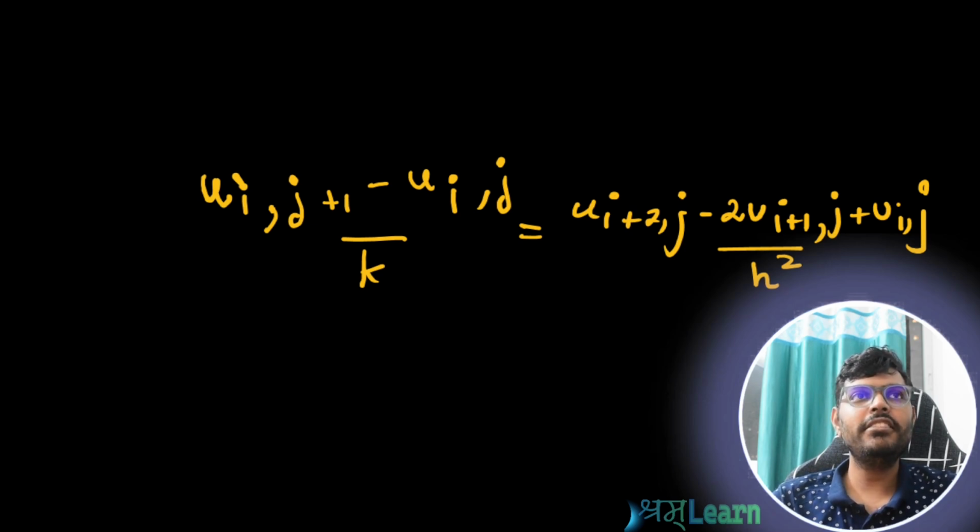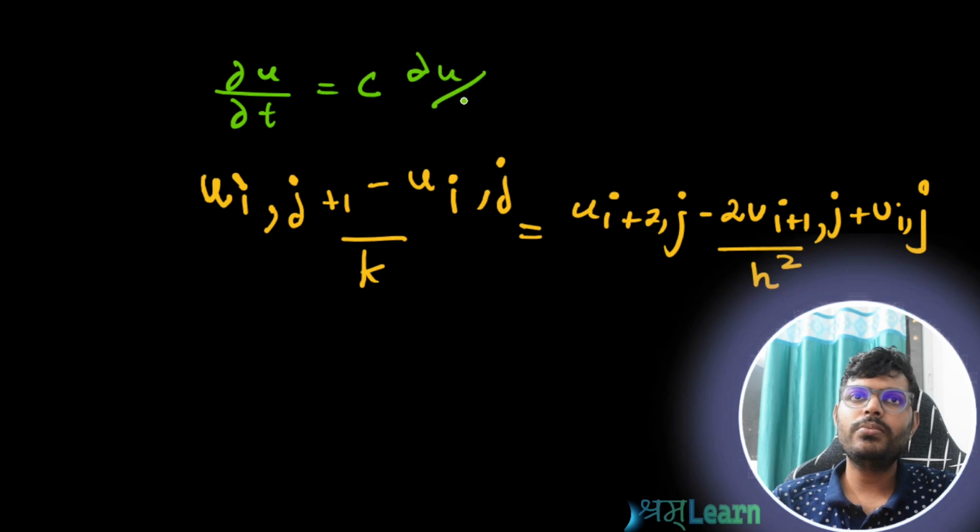So the partial differential equation, du by dou t equals c times dou square u by dou x square.